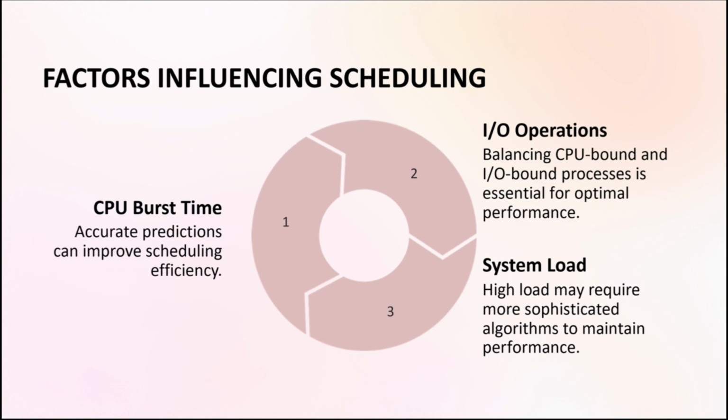Then the input output operations, the IO operations. Balancing CPU bound and IO bound processes is essential for optimal performance. This IO just means the input and the output. So in the system process, we use not just the CPU, we also make use of the input and the output, which are the hardware components of the computer. The input and output operations are tasks where a process interacts with a device instead of the CPU.